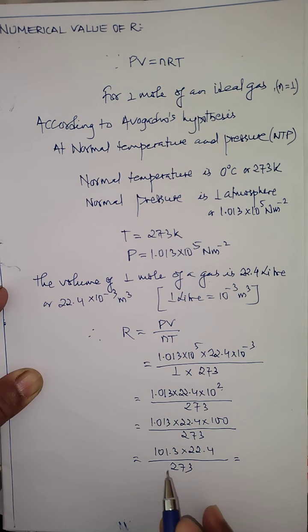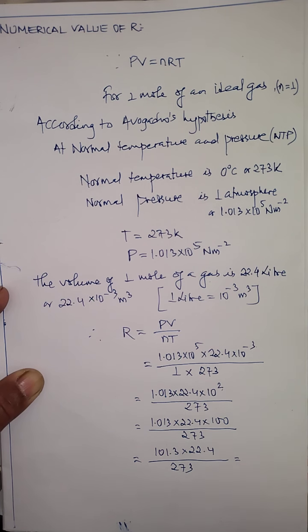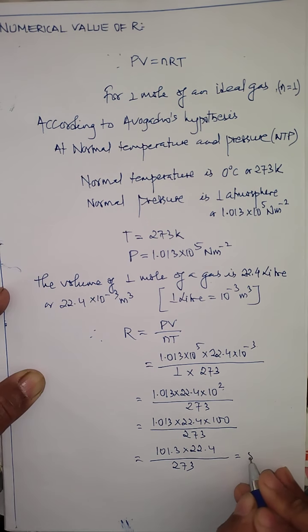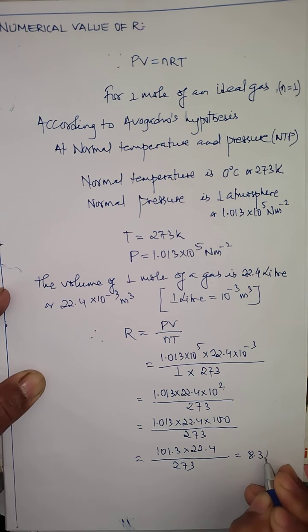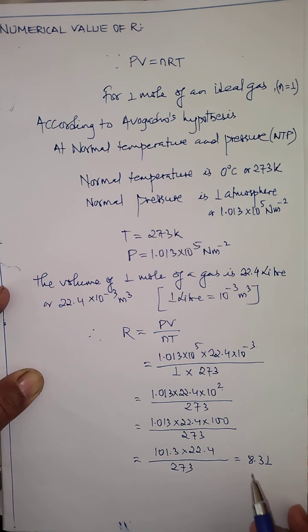Children, just multiply these values, 101.3 into 22.4 divided by 273. If you do, you get approximately the value 8.31.